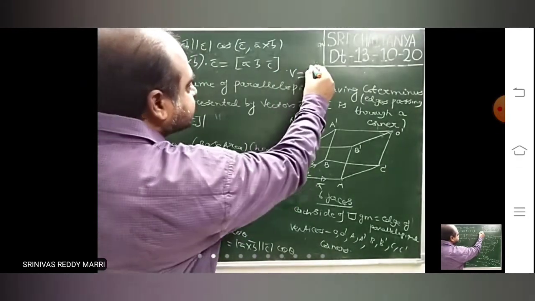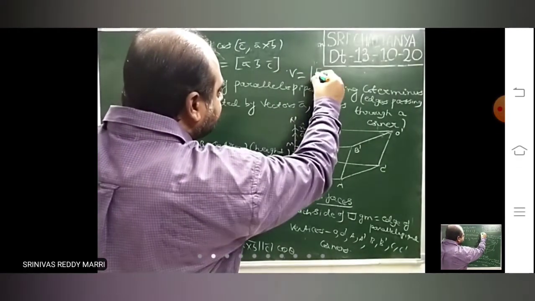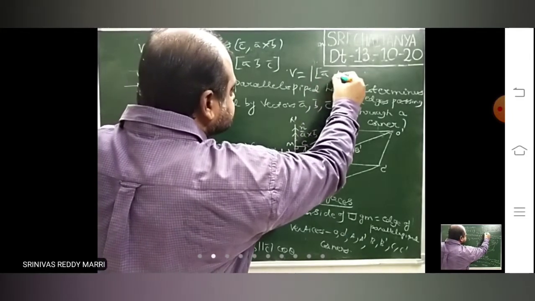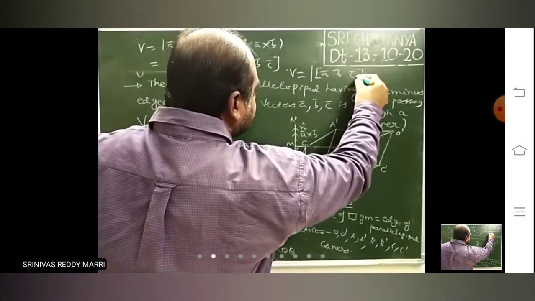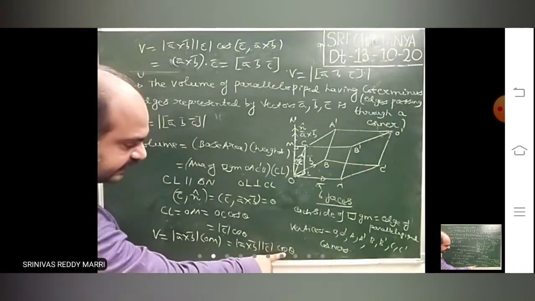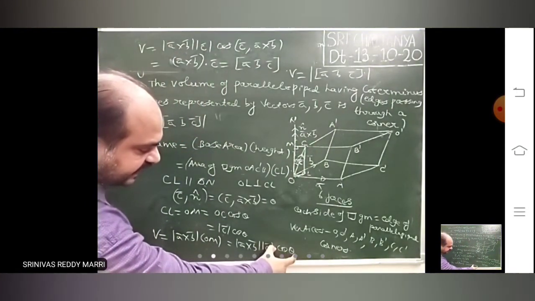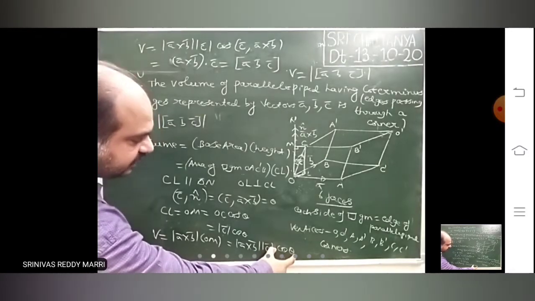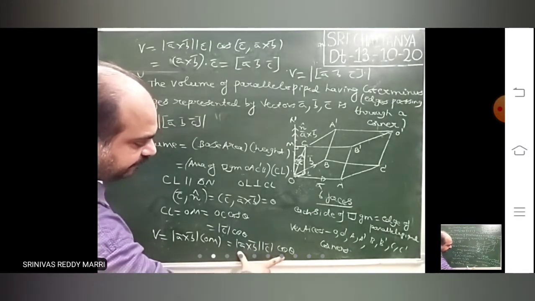In some cases, the box of ABC can be negative. That's why we will write the modulus. Because look here, if this theta is acute, then this completely becomes positive.